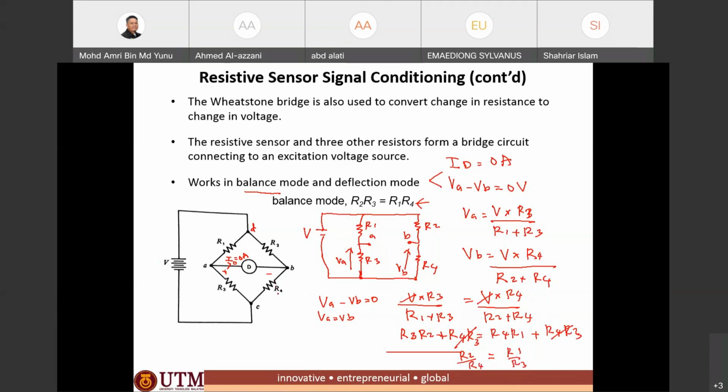So when there is a change of R4, there will be voltage between A and B. That is how we can use the Wheatstone bridge to convert the change of resistance of R4 into output voltage between A and B.